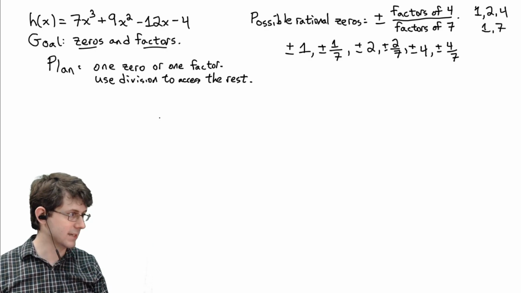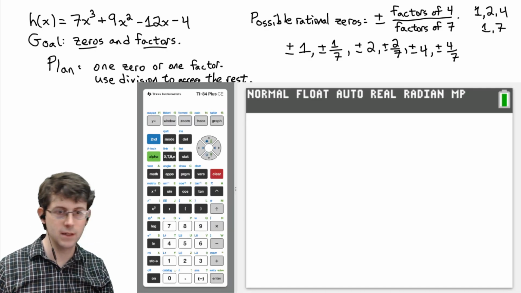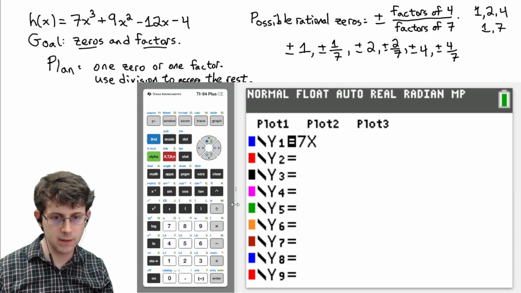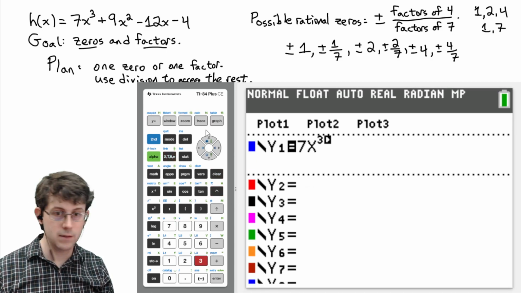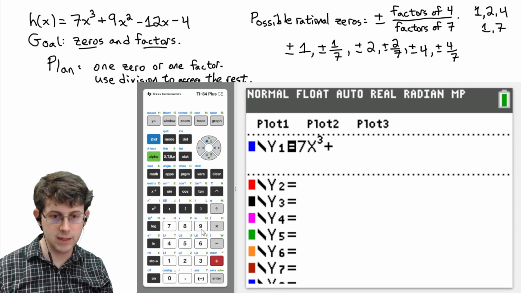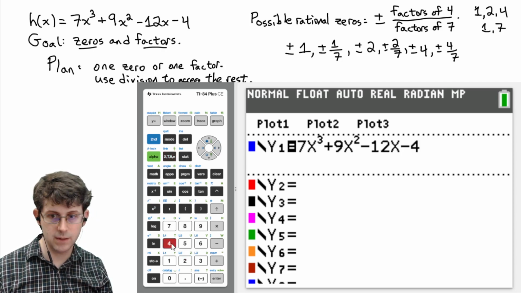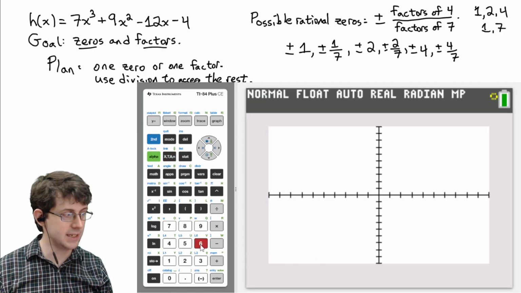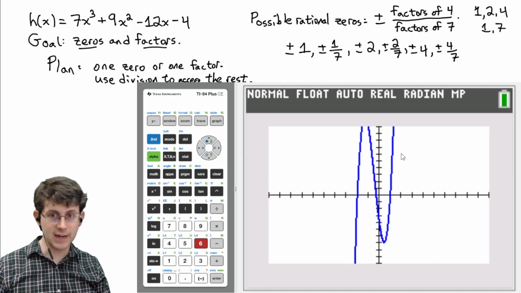So I pull up my calculator, go to y equals, and put in my polynomial: 7x cubed, 9x squared, minus 12x, minus 4. Go to zoom and press standard, which is 6. It draws me a graph.